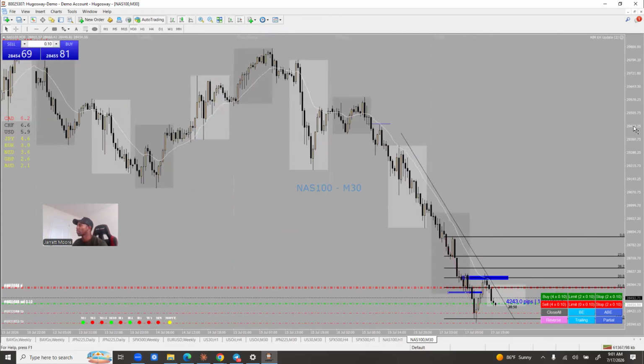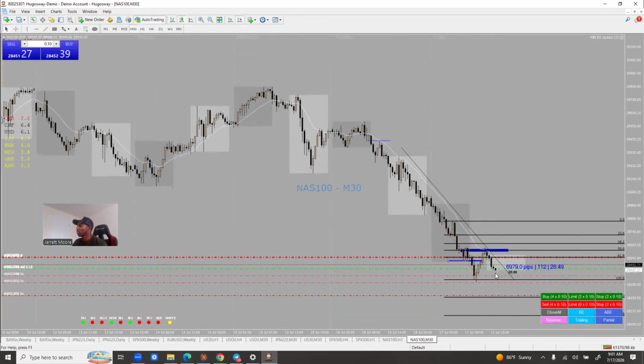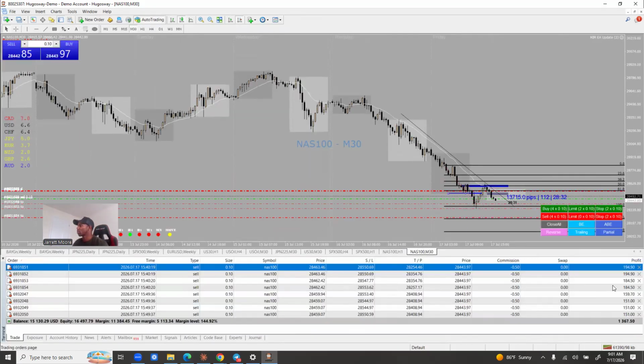Really, all we needed was that 500 points. What I was worried about was the fair value gap in between here, right? Worried about it just wanting to pull back into that. But if we can just get down here, I'll be happy. Let's check our profit, because we're already up around 1300.